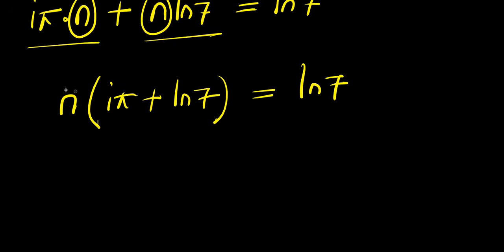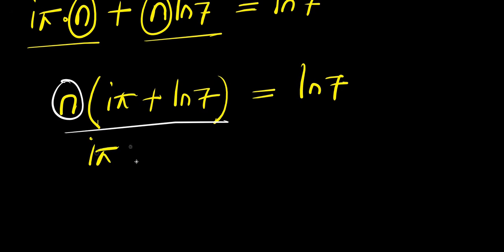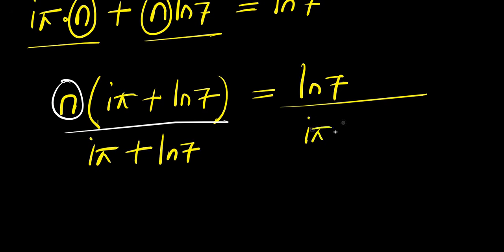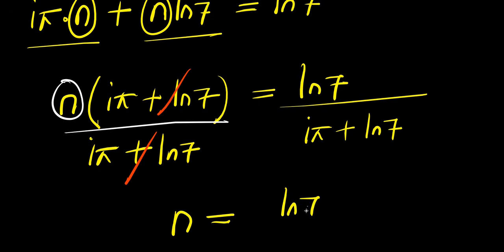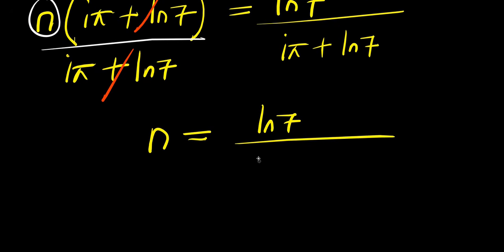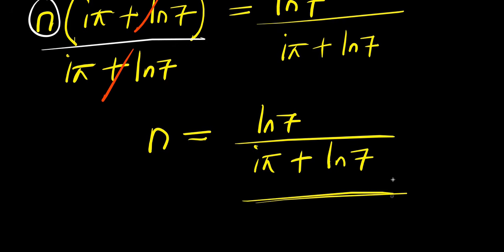So from here, I isolate n by dividing both sides by iπ plus natural log 7. Let's cancel this. So n equals natural log 7 divided by iπ plus natural log 7. So this becomes our answer for n.